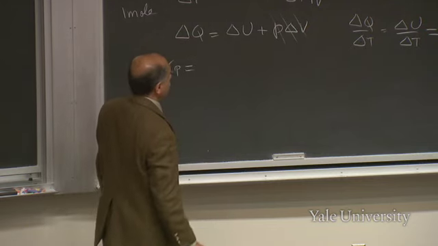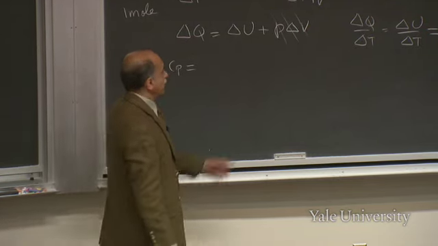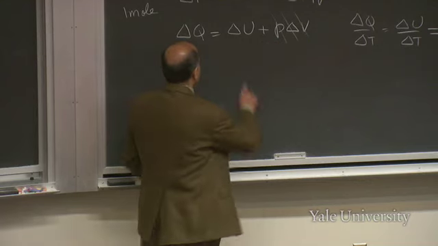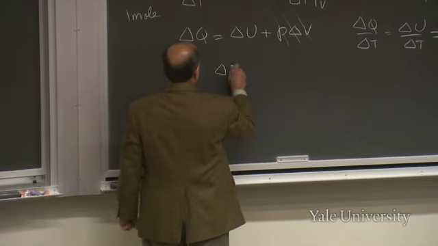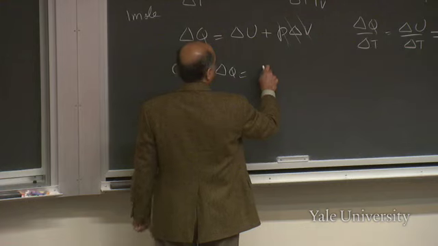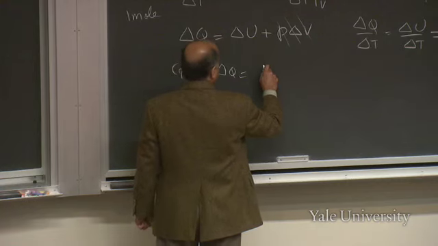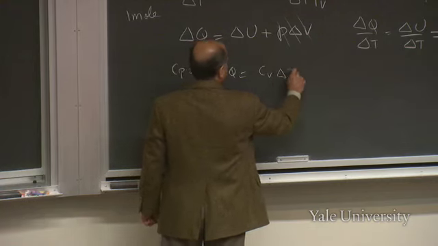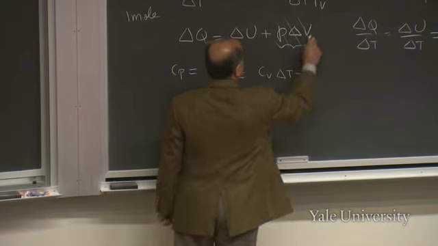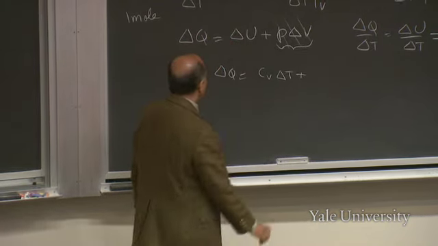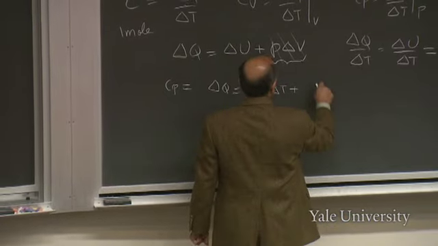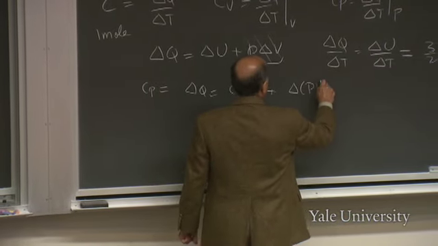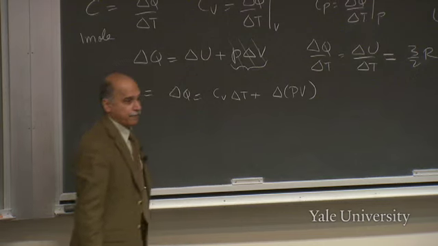Cp is delta Q over delta T at constant pressure. So now you cannot ignore this term. So delta Q, from what I did before, will be Cv times delta T, plus there is a new term. P delta V is delta of PV because P is constant.